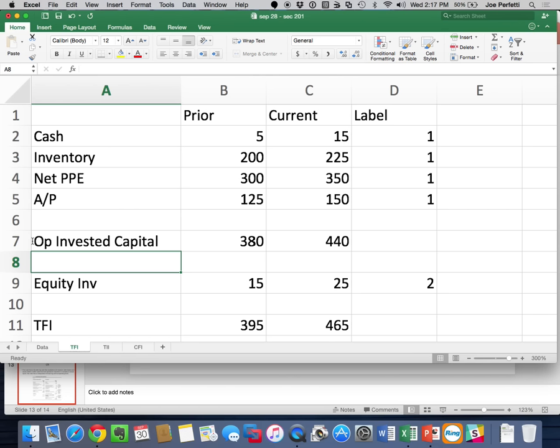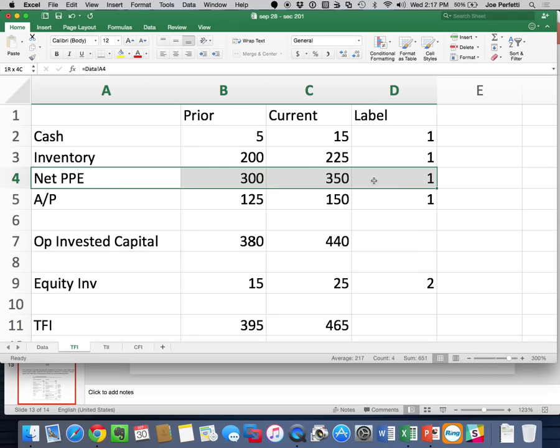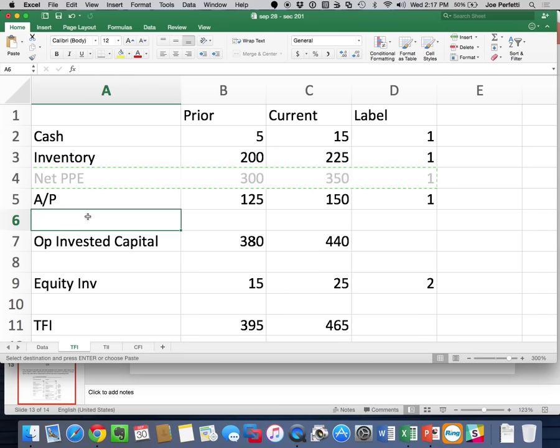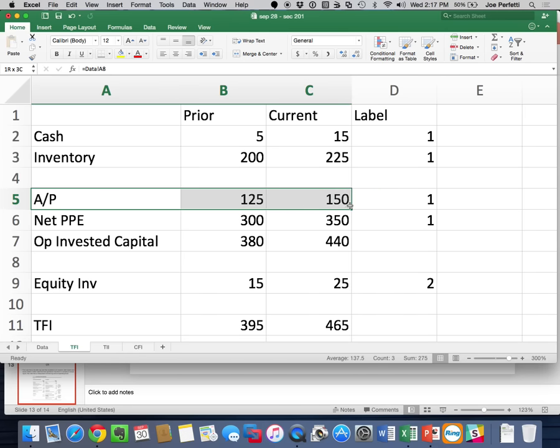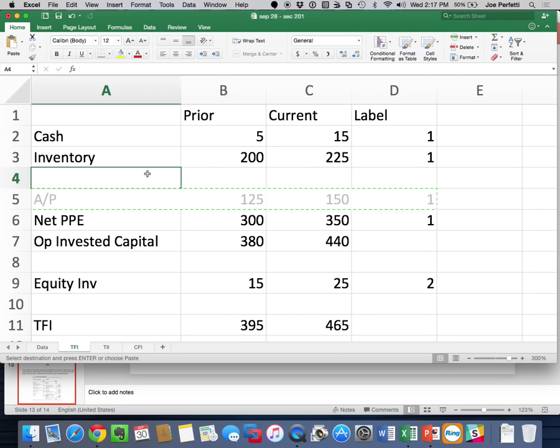But this is the rearranging I'm going to do. I'm going to do what's called working capital or operating working capital, which are my current portion of the assets, versus long-term, which will be the net PP&E. I'm going to put them in the current and long-term format. Okay? So I'm going to take my net PP&E and move it here. And I'm going to take my accounts payable and move it here.